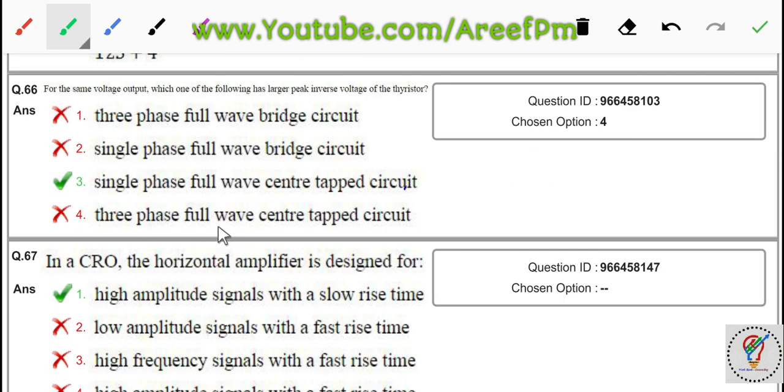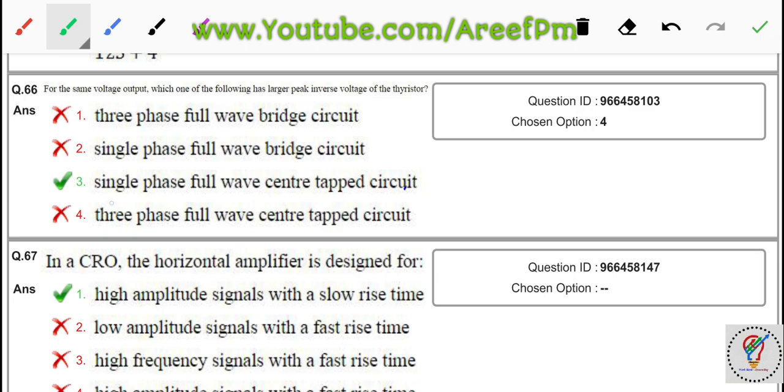Now the 66th question. For the same voltage output, which one of the following has the largest peak inverse voltage of the thyristor?